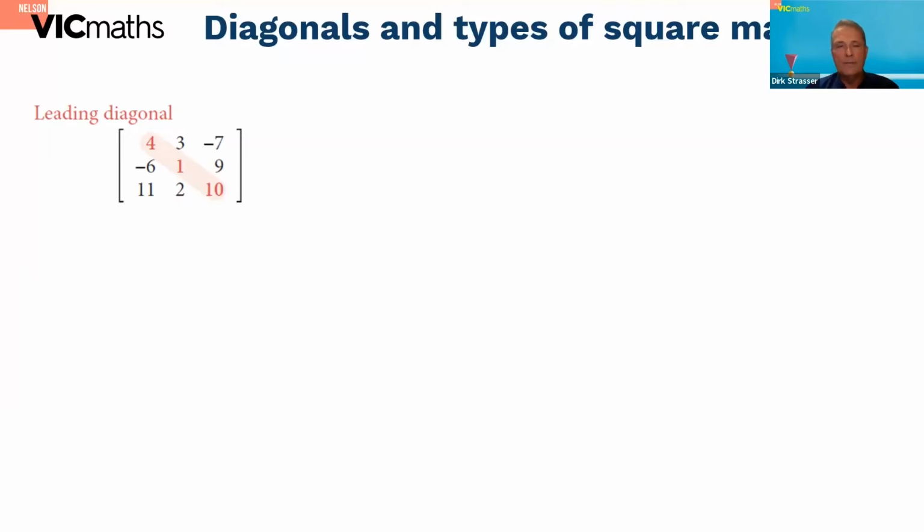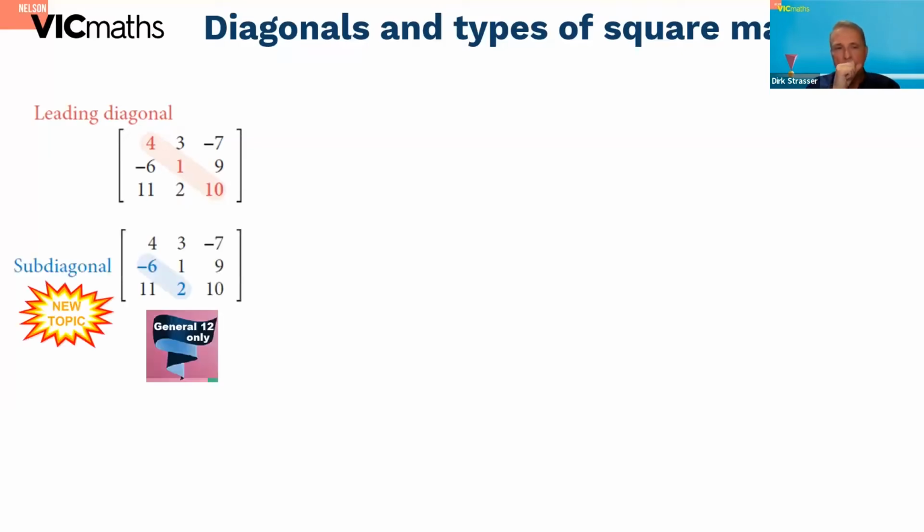That's important for these definitions. And also, there's a sub-diagonal, which is the diagonal immediately below the leading diagonal. That's actually new because it's part of a Leslie matrix definition. So we've included it early on with the definition, so it doesn't surprise students down the track, but obviously that is General 12 only, anything to do with Leslie matrix.